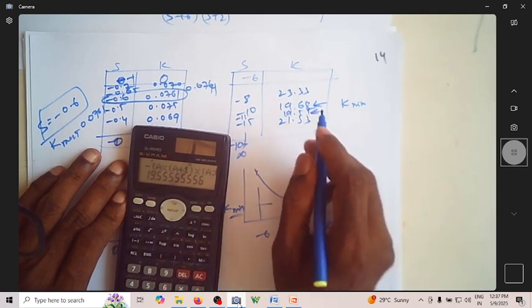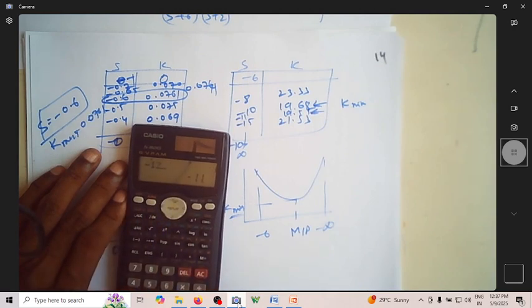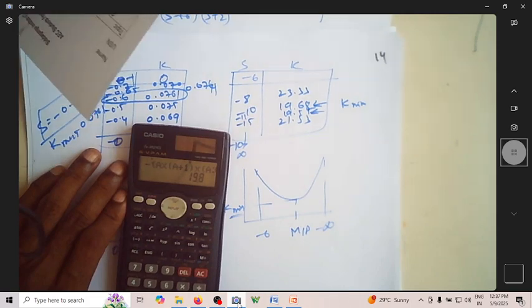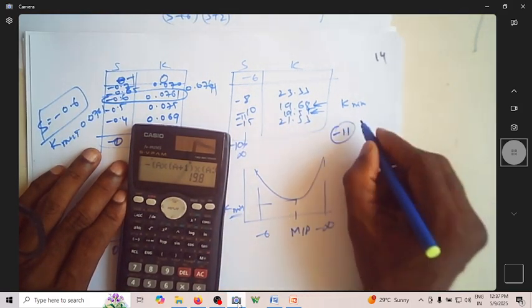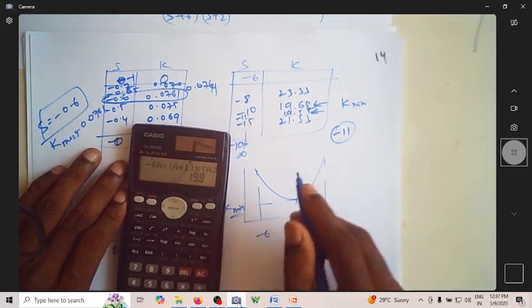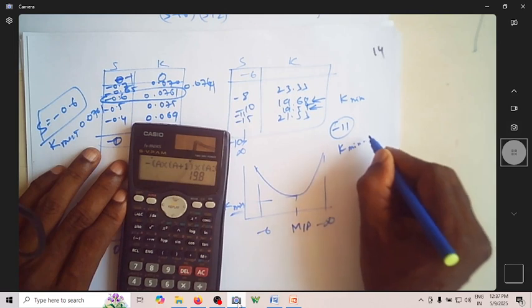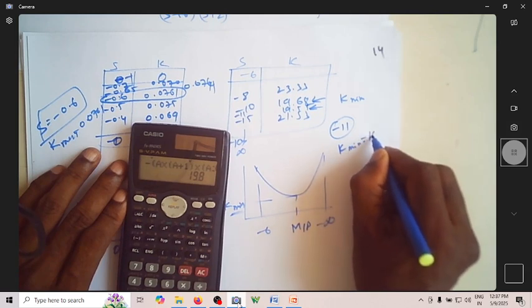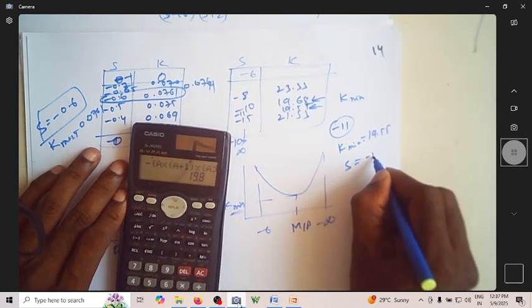This is the minimum as of now. Calculate for -12. It is 19.8. Okay, that is larger. So as of now -11 is the minimum value. So now k minimum is coming out to be 19.55 when s is -11.